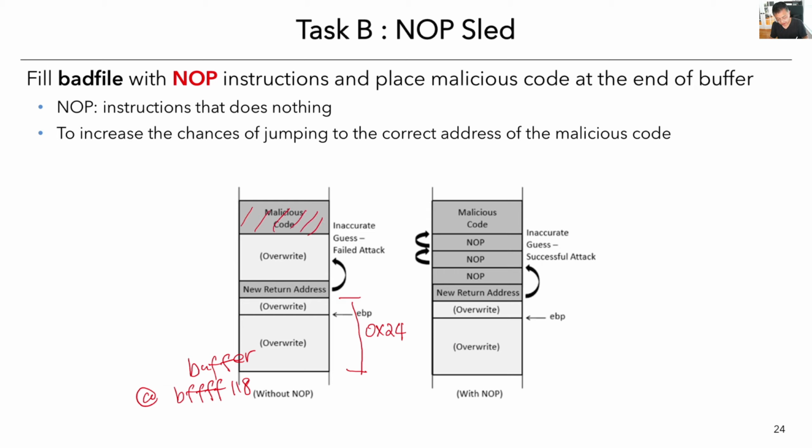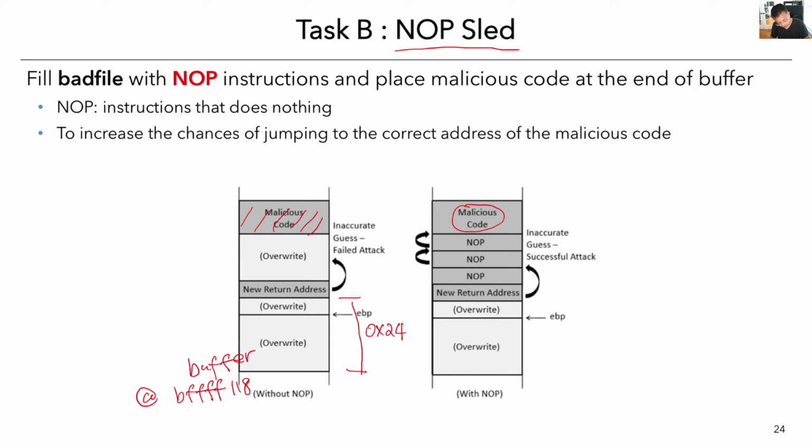Okay, so to make this task easier, we can use something called a NOP sled. The NOP sled is basically the technique to put a number of NOP instructions before your malicious code. The NOP instruction does nothing. It's just an instruction that can be executed by the processor. Whenever it is executed, the processor will move to the next instruction.